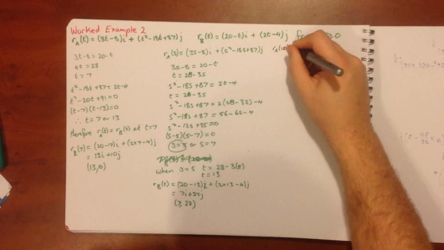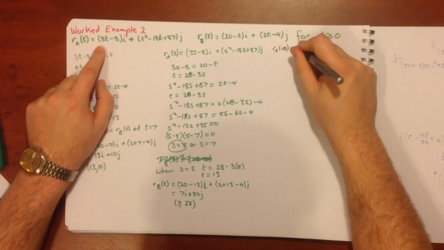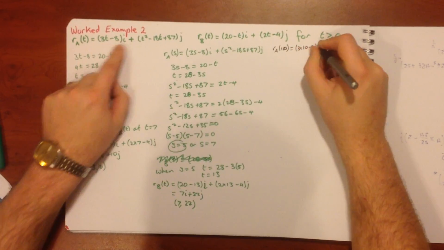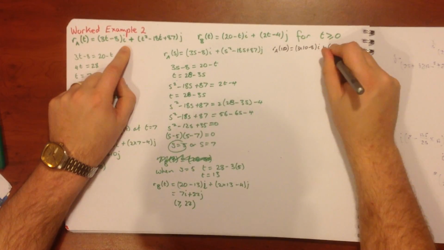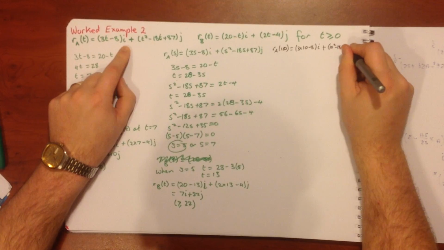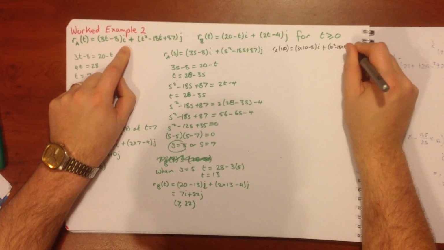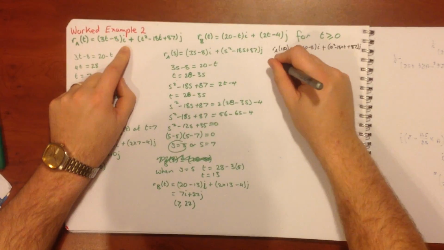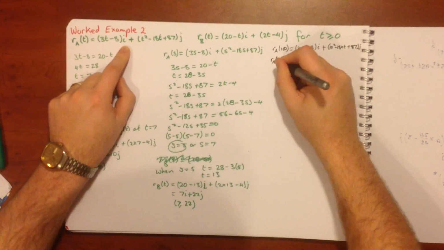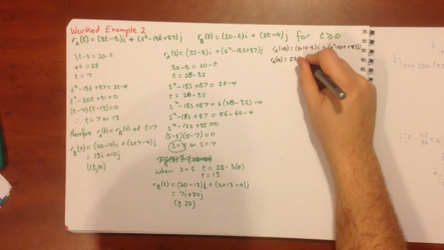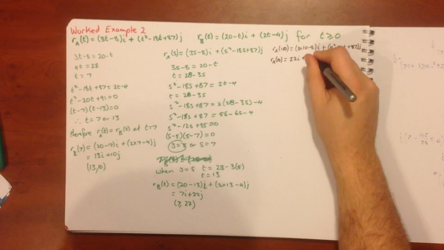Our RA of 10 is going to be equal to 3 times 10 minus 8 i plus 10 squared minus 18 times 10 plus 87 j. When we simplify that, we get 22i plus 7j.